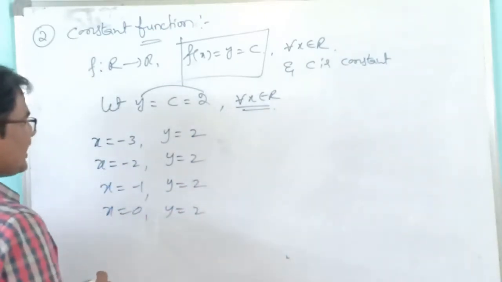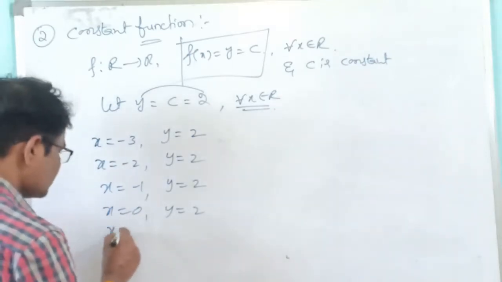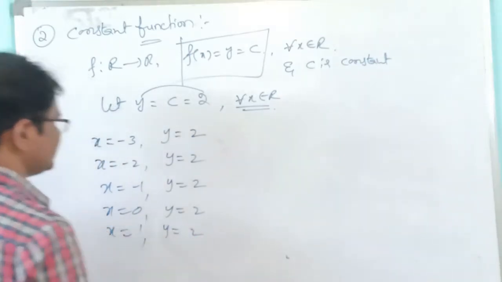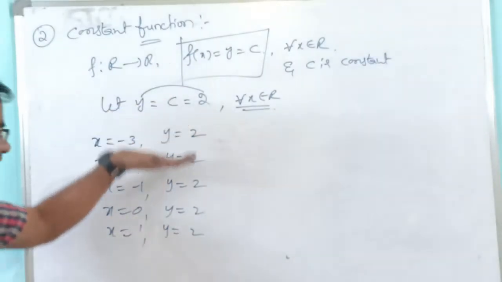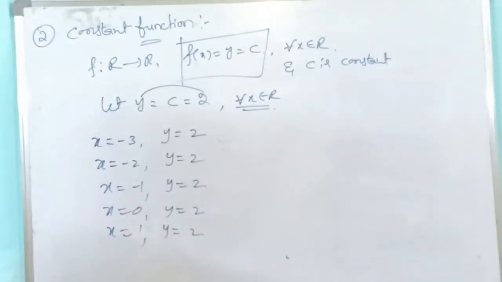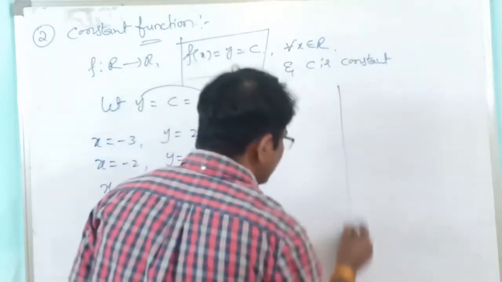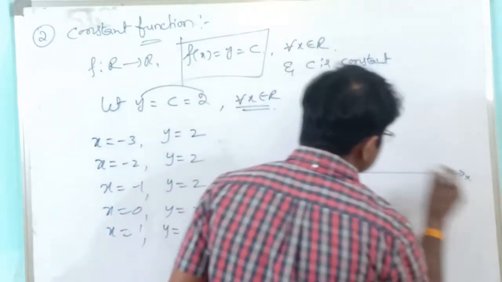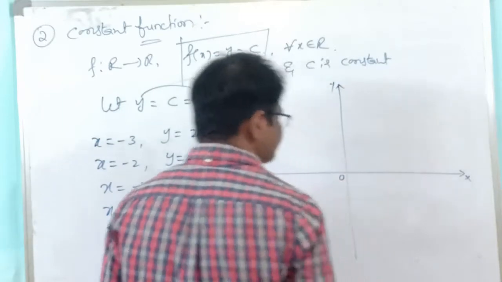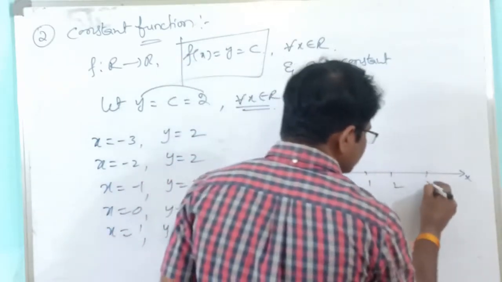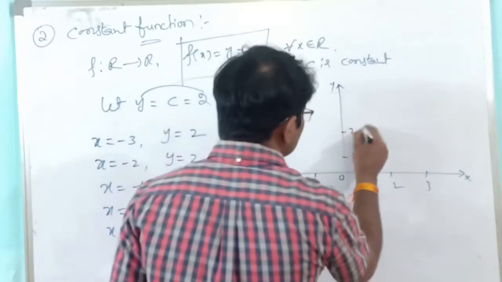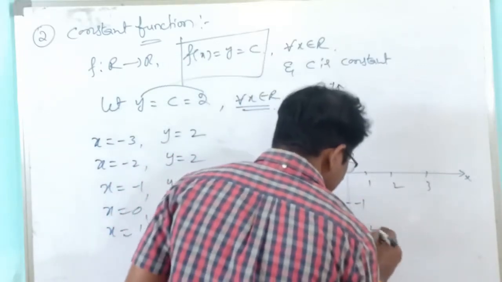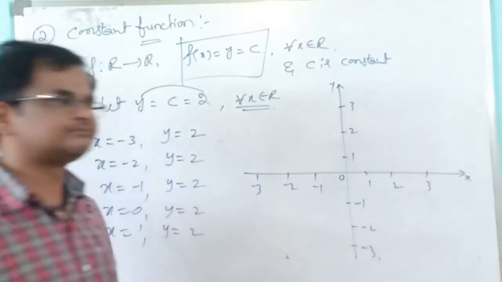Next, x equal to 1, y is 2 only. So for any value of x, the y value is fixed. So all these values you take on the x axis and y axis, so 1, 2, 3, minus 1, minus 2, minus 3 on the x axis, and 1, 2, 3, here minus 1, minus 2 and minus 3.